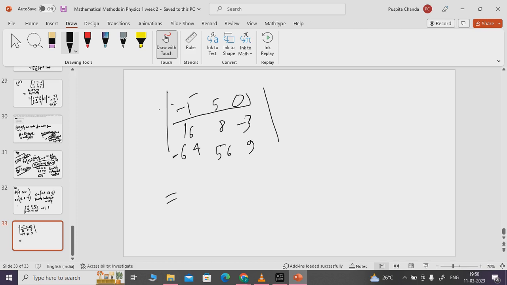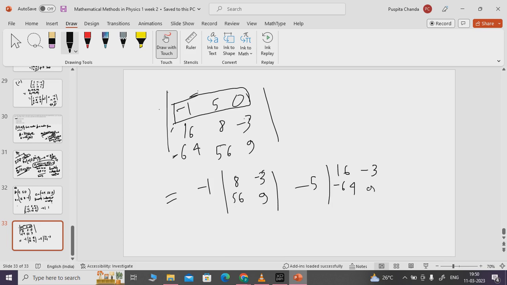Okay, so choose this. If you don't want to do any row and column operations, it is very simple. It will be a lengthy process, but just -1 times (8 minus 3, 56 9), minus 5 times (16 minus 3, minus 64 9).